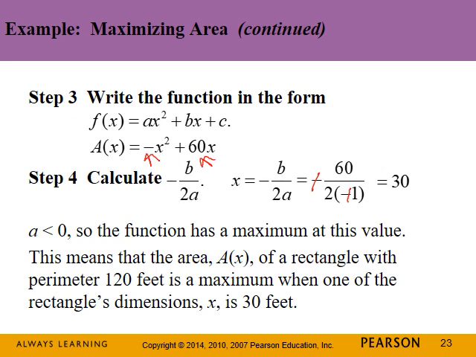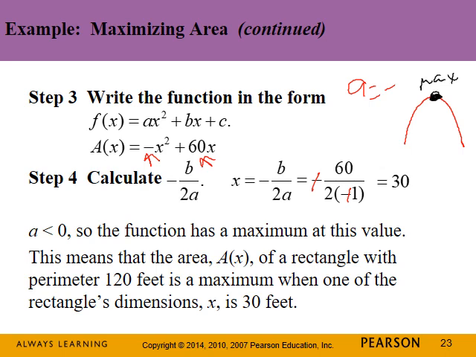So we're going to look at the a value. We see that a is a negative 1. Since a equals negative 1, we know that it opens down. So I'm going to draw a quick sketch right there. Since it opens down, this high point right here is our maximum value. This means that the area, which we're calling A of x, of a rectangle with perimeter 120 is a maximum when the rectangle's dimension x is 30 feet.